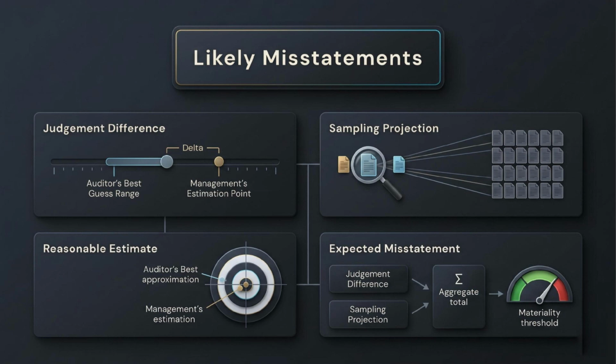For example, if a $30,000 sample drawn from a $300,000 population contains $3,000 of misclassification, that sample evidence may suggest a broader population issue. The projected amount, along with sampling precision and other risk factors, is evaluated against materiality.